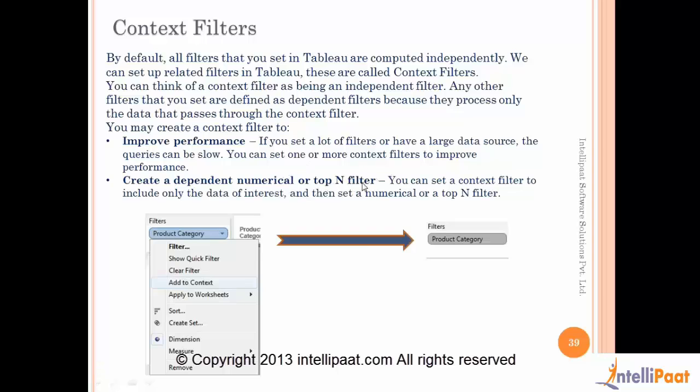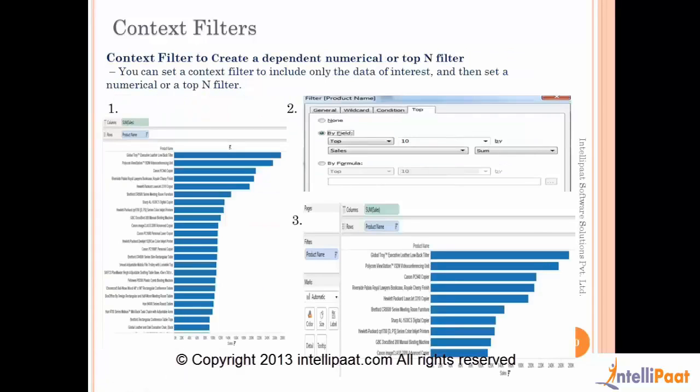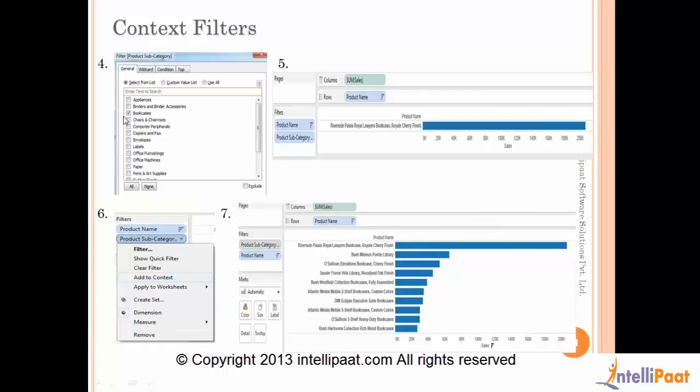That's what we tried doing now, and I've just illustrated it here. If you're creating just a top 10, it shows, and then you try to add a filter here, and it shows only one. Then you make that add to context, and it shows under that product subcategory what are all the top 10 products by sales.